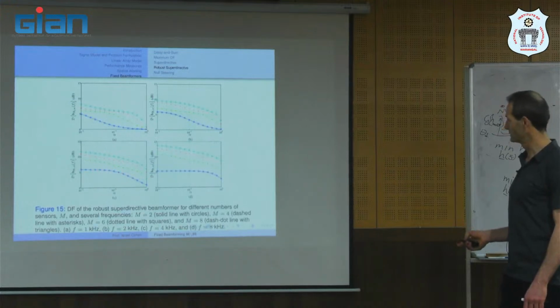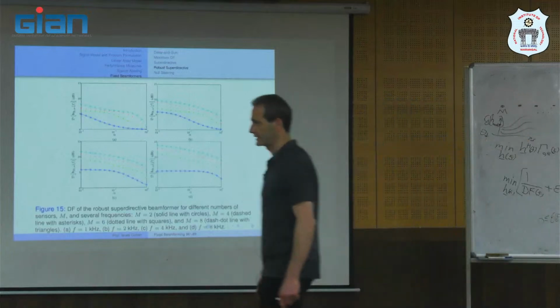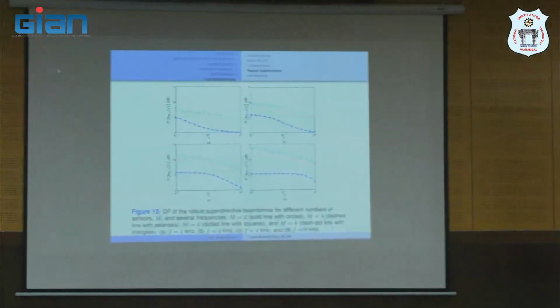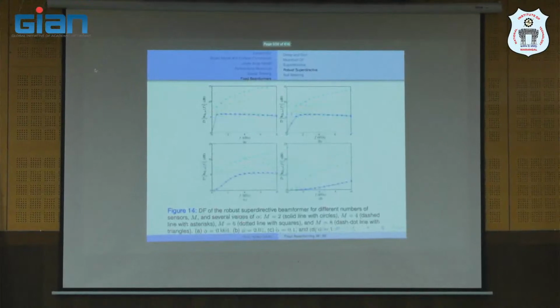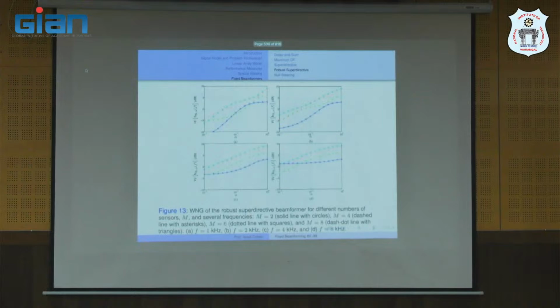So suppose, let's go back for just a minute. If I go back to the white noise gain, okay? So this is the white noise gain as a function of alpha. And this is for 4 kilohertz, for example. So I can choose alpha. You see if it's low, it's here.